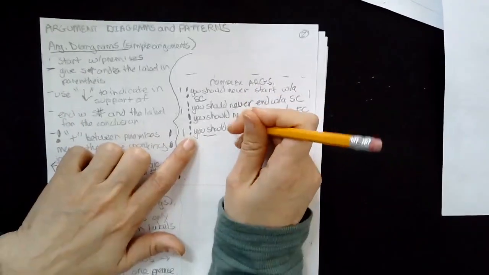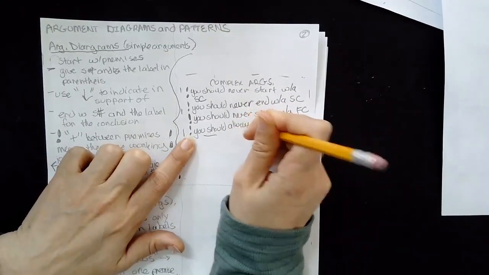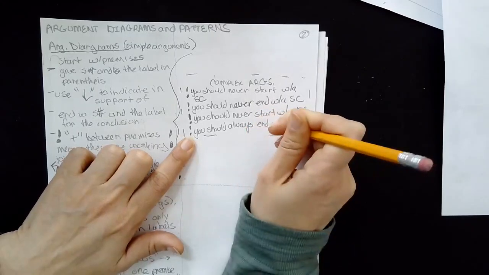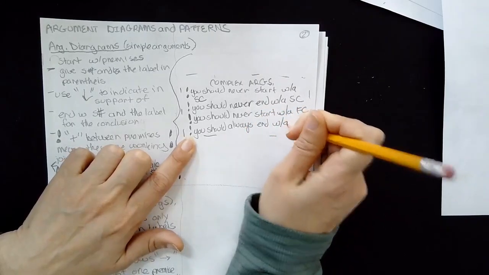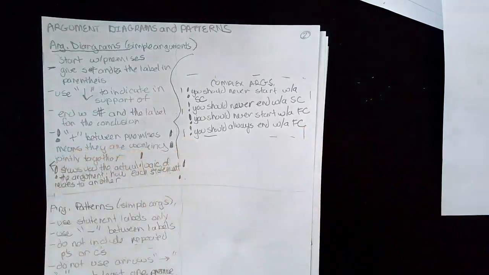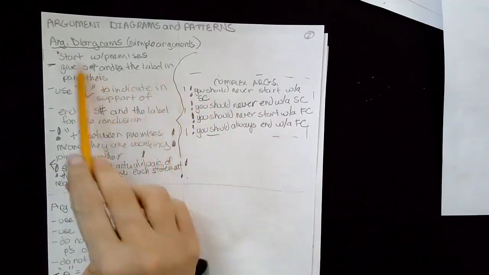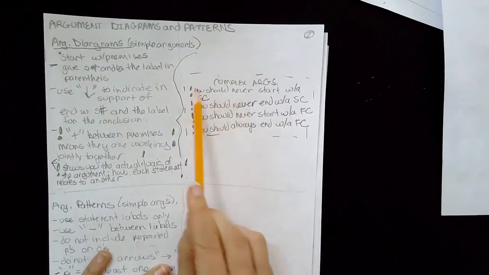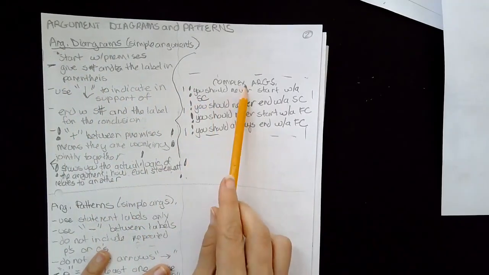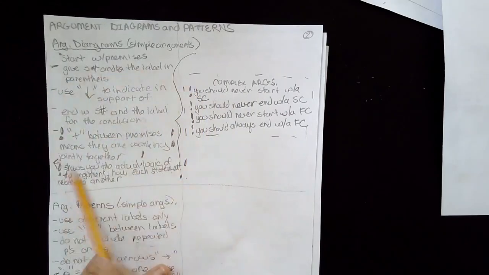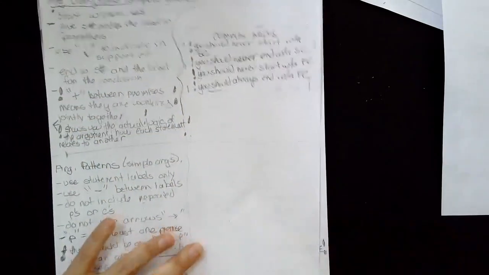You should always end with, what do you think I'm going to say? A final conclusion. Okay, so these are special qualifications. So you have this general information about diagrams, and then these are things that you need to remember when it comes to complex arguments, knowing that this basically still holds generally true.